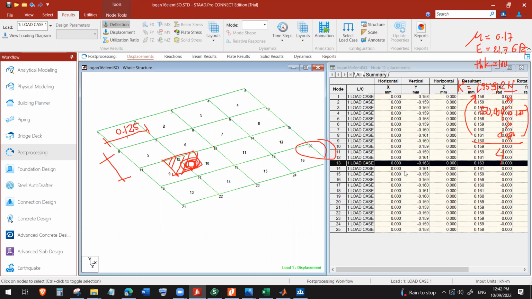Basically, with that maximum deflection, you can already double check, with the corresponding subgrade modulus of 50,000 kilonewton per cubic meter, if you satisfy the allowable deflection or settlement of the soil. Anyway, this 0.16 is almost negligible, right? So for the sake of computing using a finite element approach, 0.16.